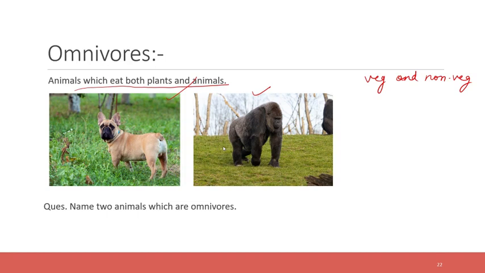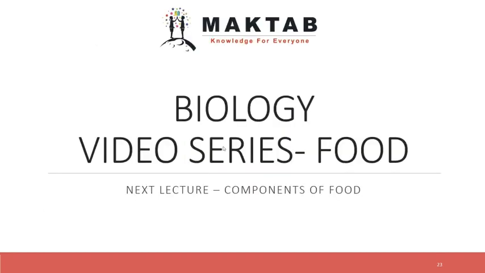So with this, guys, we are pretty much done with our chapter, but let's quickly revise the things that we have studied in today's lecture. We learned firstly about two sources of food, which were plants and animals.